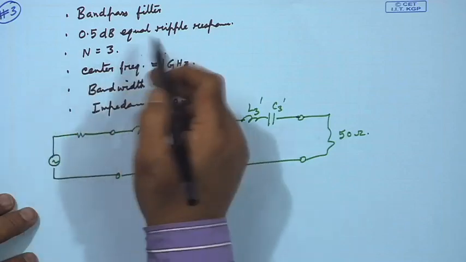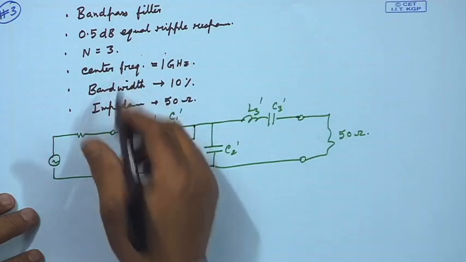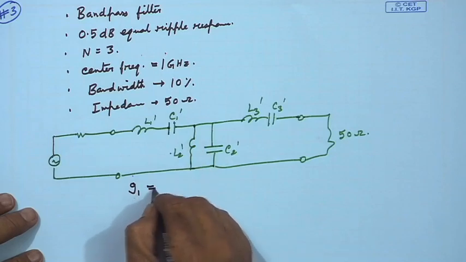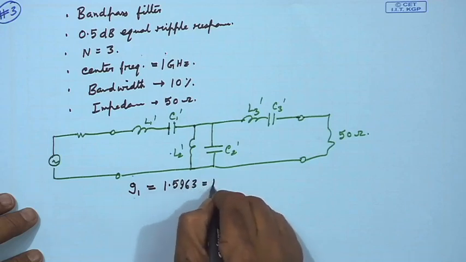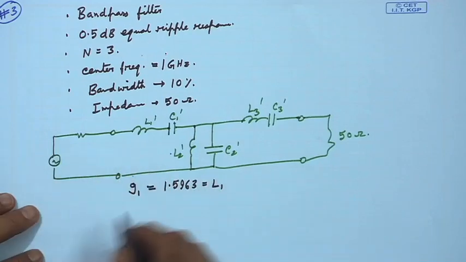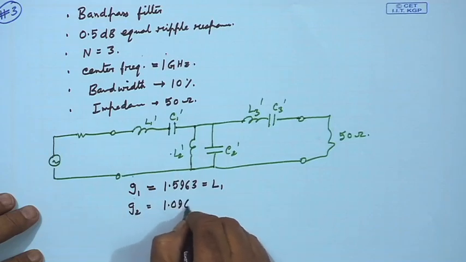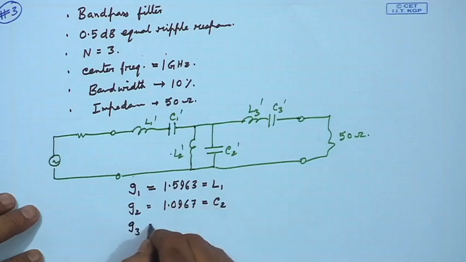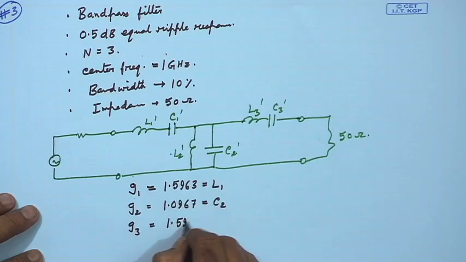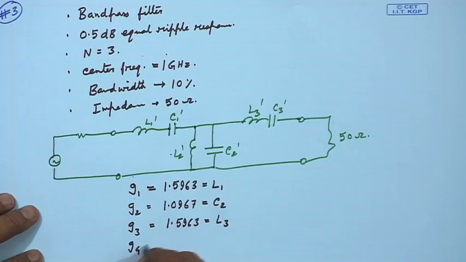From the table, it is equal ripple. So, Chebyshev, so I see Chebyshev with n is equal to 3, I get G1 is equal to 1.5963, that is L1 of the prototype, G2 that is 1.0967 is equal to C2, G3 is 1.5963 again from the table, L3, and G4, remember it is Chebyshev with n odd.